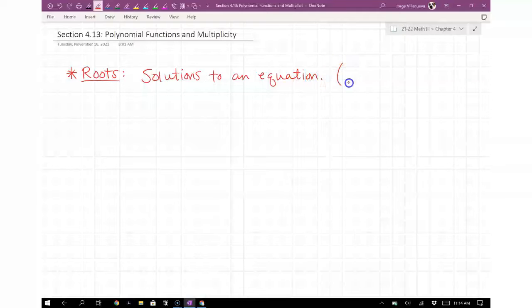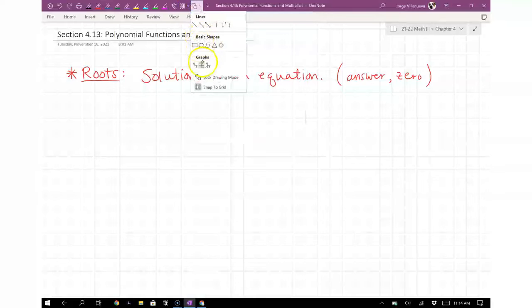So I guess you could even call it the answer. Some people call it a zero, and we're actually going to talk about the word zero in a bit. But the reason why they're called that is because of where you can find them. Let me give you an example.